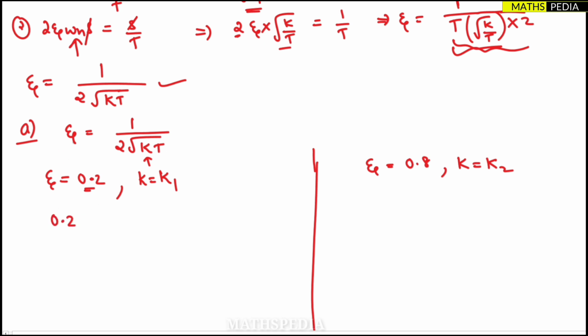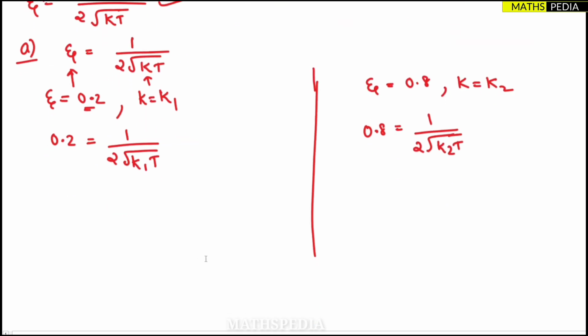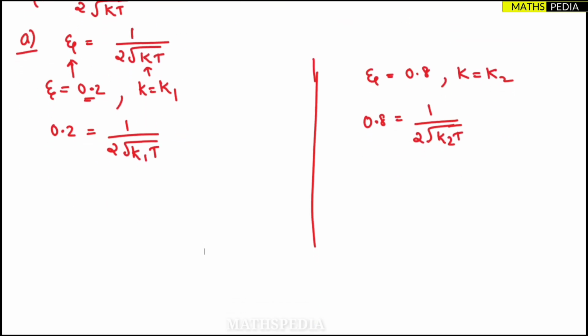So 0.2, instead of zeta, is equal to 1 by 2 root k1t, and here also 0.8 is equal to 1 by 2 root k2t, right? Now can I take the ratio so that I can get the k1 and k2 ratio?